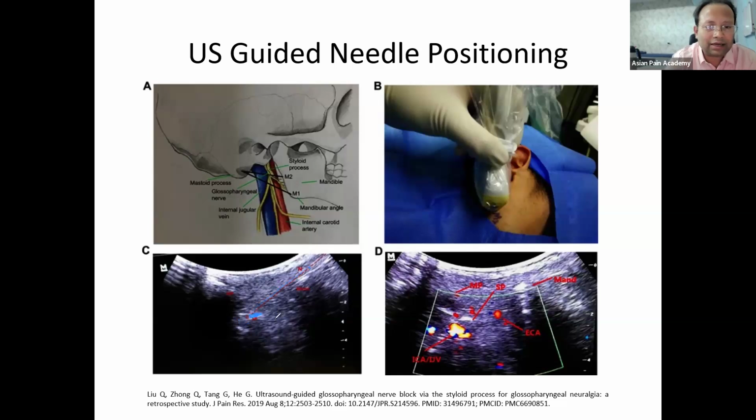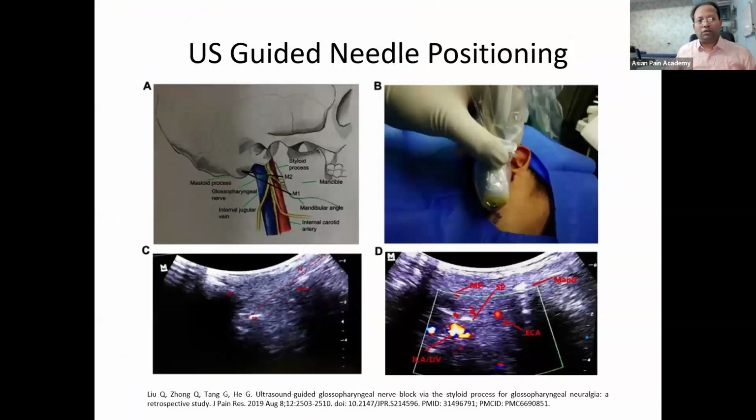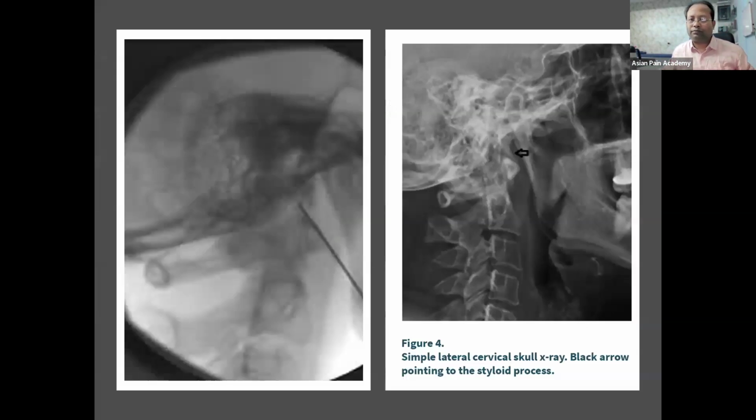Here this is styloid, and here has to be the vessels. Okay. So this is the ultrasound guided needle positioning. And needle positioning, I mean, you will not be able to see by X-ray the position of the internal carotid artery. It remains similar. Between two bones, you will have to find the mastoid process. So this much only.